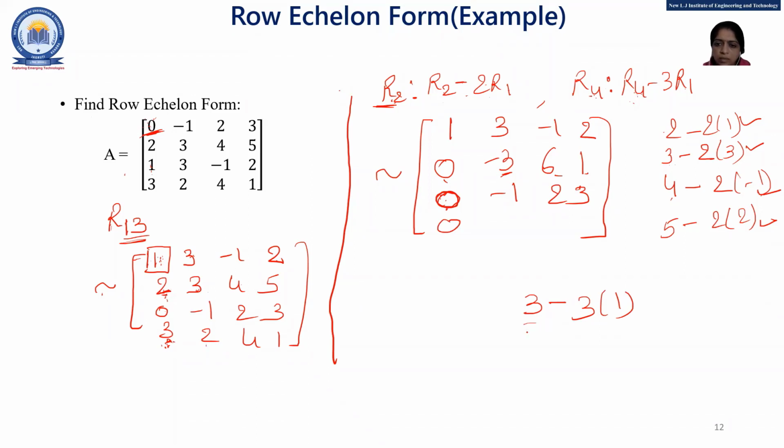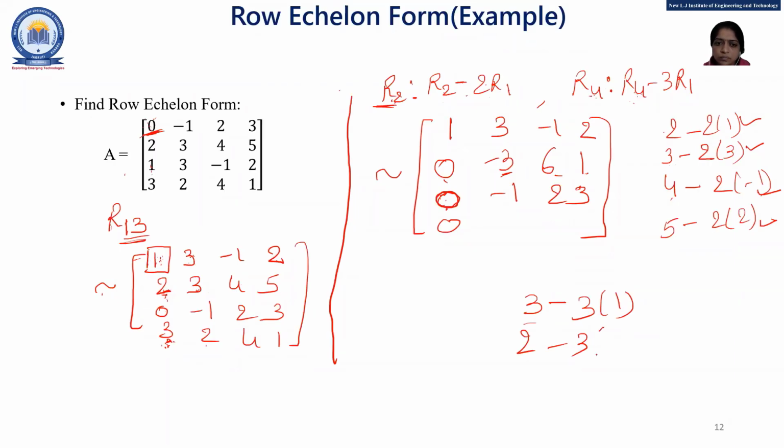For the second element, 2 minus 3 into R1. R1 is here again 3. So 2 minus 9. So I have minus 7, right? And for the third one, 4 minus 3 into minus 1.